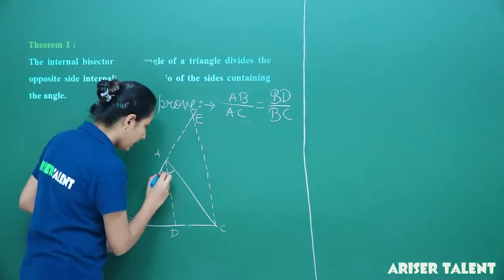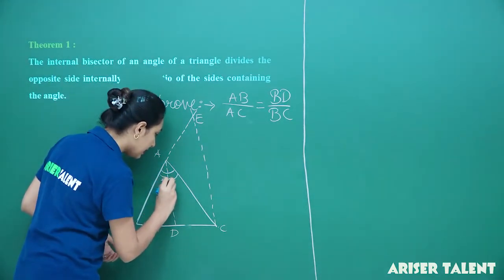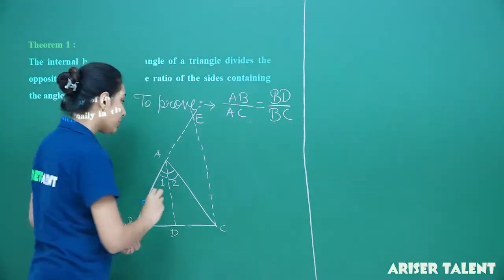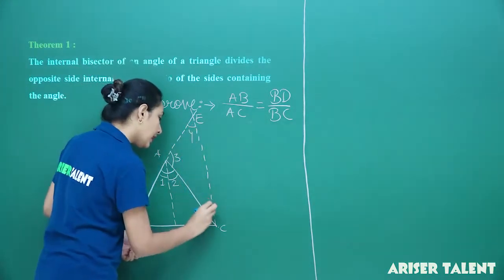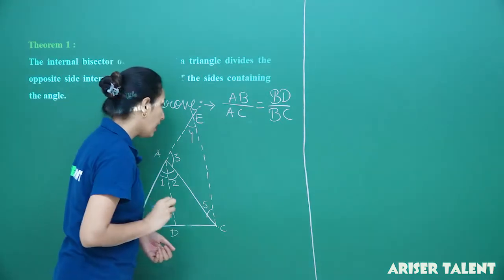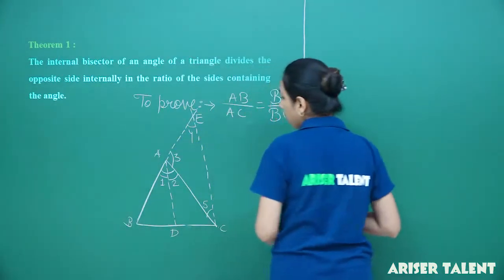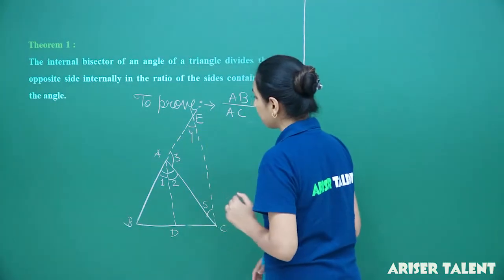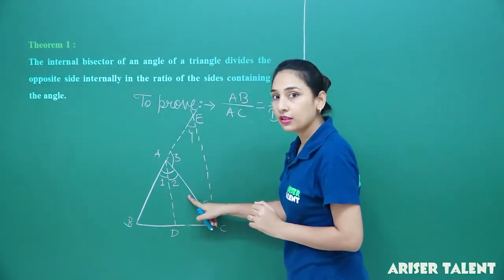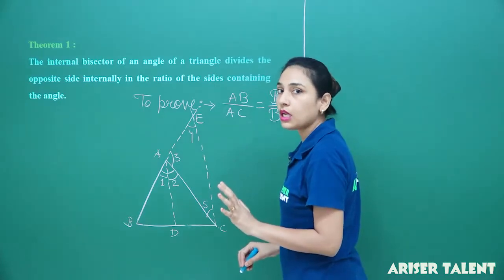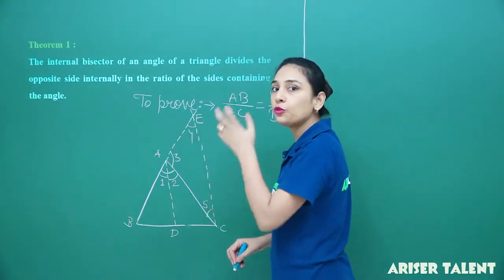Now, this is our angle 1, this is our angle 2, this is our angle 3, this is 4 and this is 5. We will let you know why we are marking these angles. So, angle 1 equals angle 2, you can see here. Now, we are going to prove this.